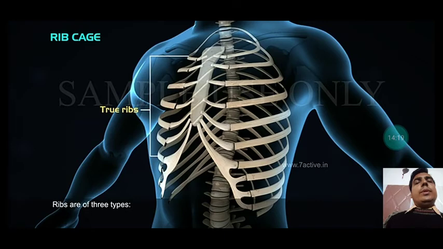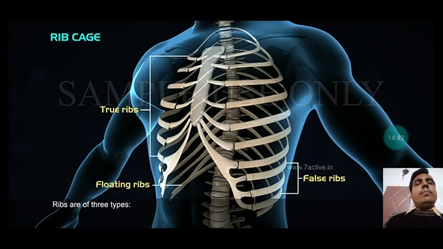First are the true ribs, rib 1 to rib 7. Second, rib 8 to rib 10, are the false ribs. And rib number 11 and rib number 12 are called floating ribs because they are not joined to other ribs.